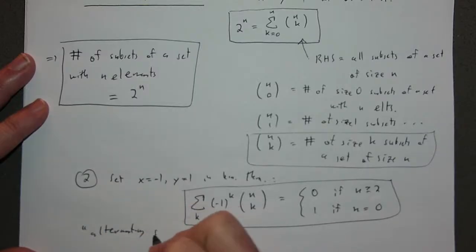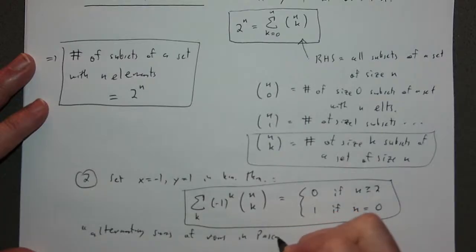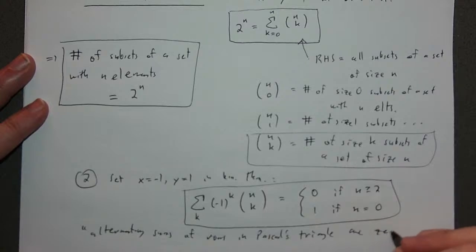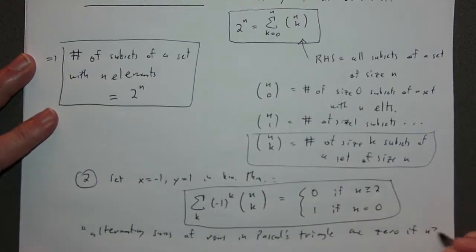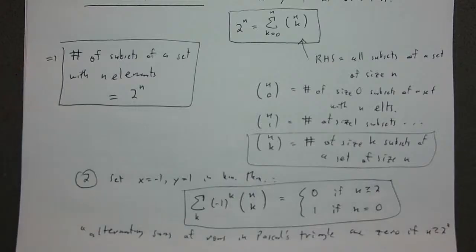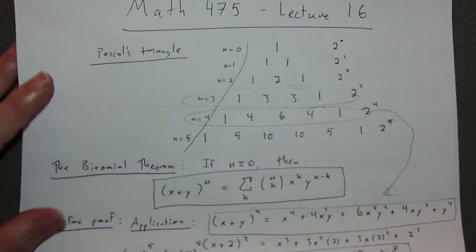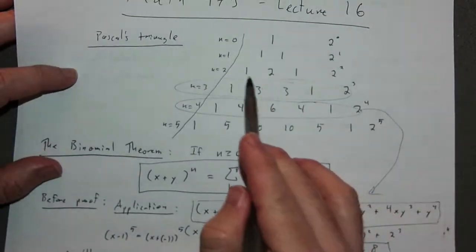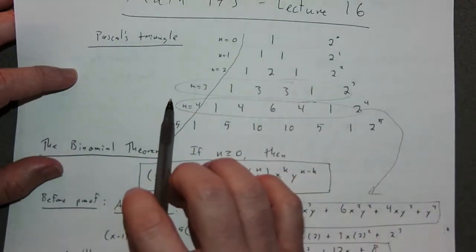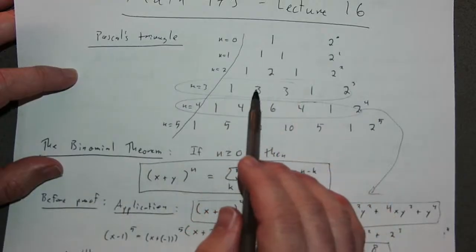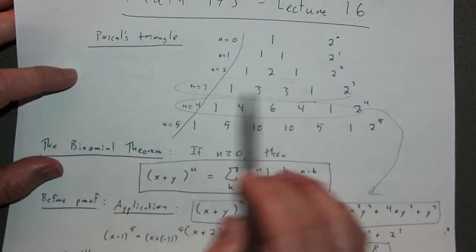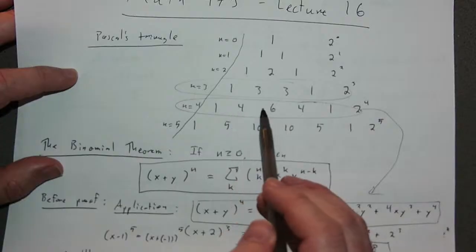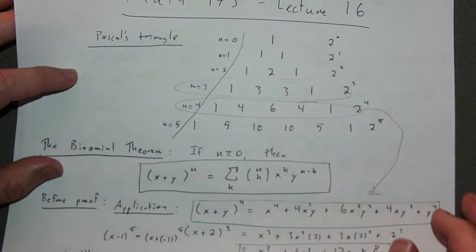Alternating sums of rows in Pascal's triangle are 0 if n is greater than or equal to 2. All right, of course you could verify that yourself. 1 minus 2 plus 1 is 0. 1 minus 3 plus 3 minus 1, 0. 1 minus 4 plus 6 minus 4 plus 1, 0.